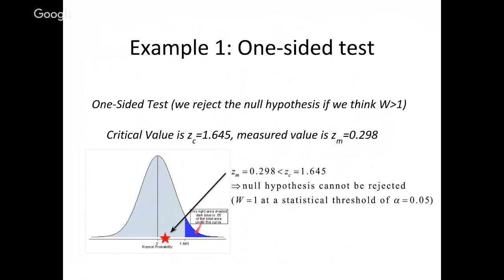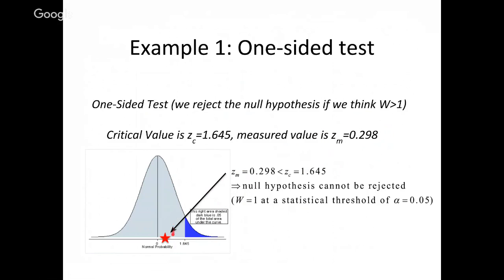Recall that we determined that for the one-sided test, our critical value for the z statistic is 1.645. So if the measured z statistic falls above 1.645, we would be in the rejection range. But if you compare these, obviously we're not.